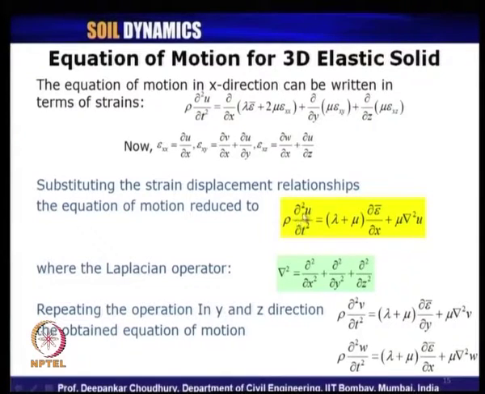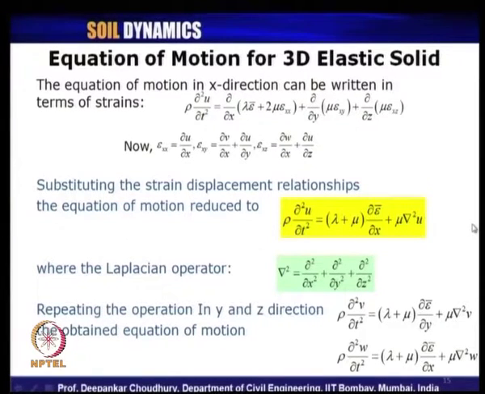It is rho del square u by del t square equals lambda plus mu times del epsilon bar by del x. What is epsilon bar? That is the volumetric strain, the combination of the three strains in the three directions, plus mu times del square u by del x square plus del square u by del y square plus del square u by del z square.